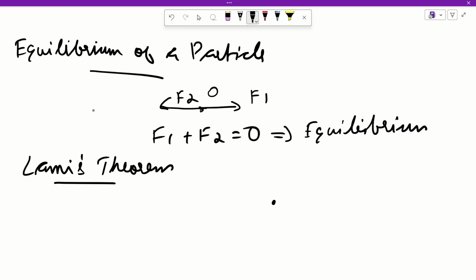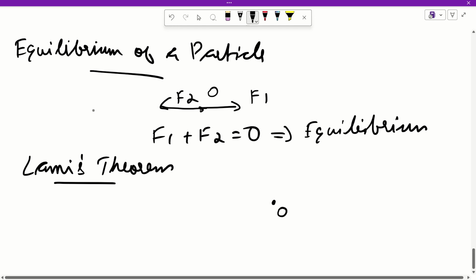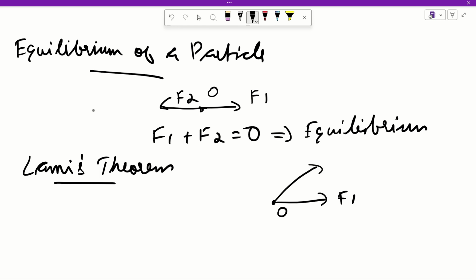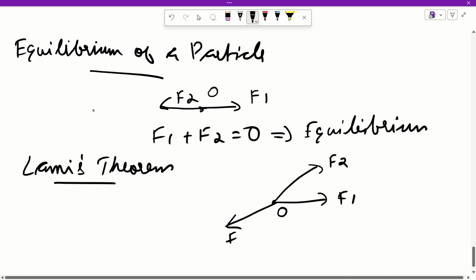Let's say we have a particle called O. We have the first force acting on it, F1, second force F2, third force F3.